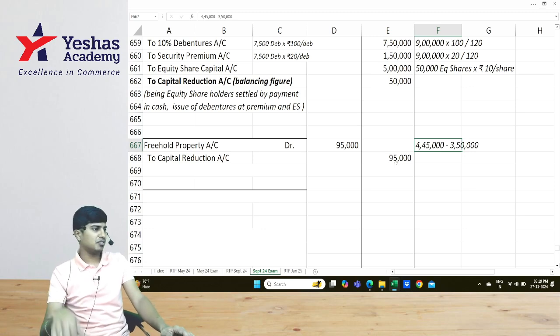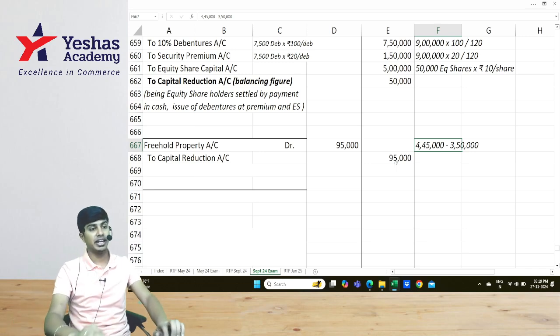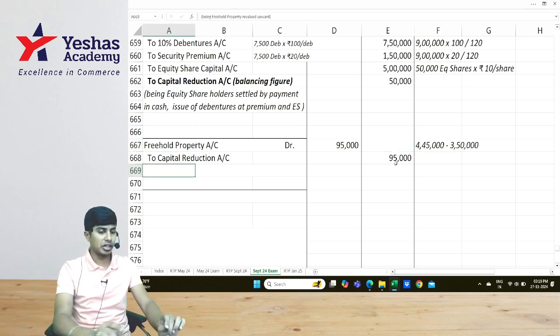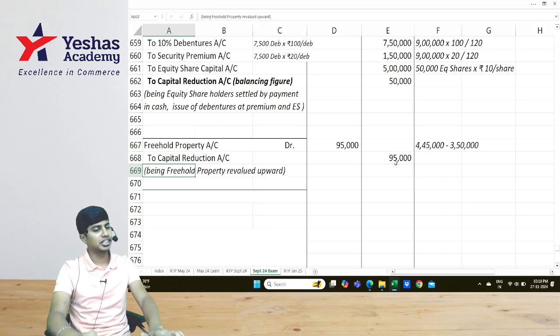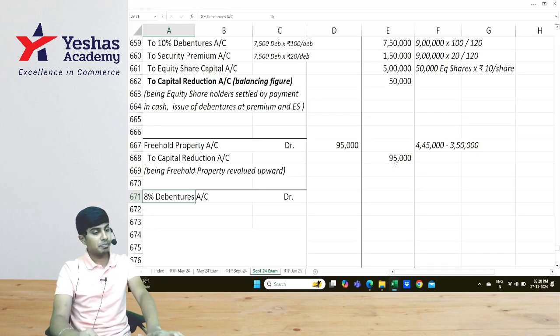It was 3 lakh 50. Now I am going to value it at 4 lakh 45. I need to increase it by 95,000. I'll debit freehold property by 95,000 and credit capital reduction by 95,000. Understood? So now the asset has become 4 lakh 45. I need to pay money to my debenture holders to the extent of 5 lakh. I will debit 8% debentures and credit freehold property.